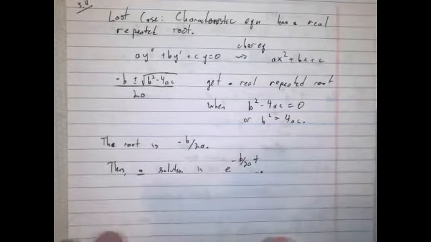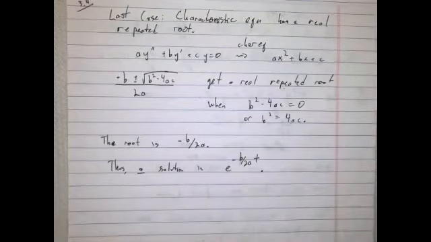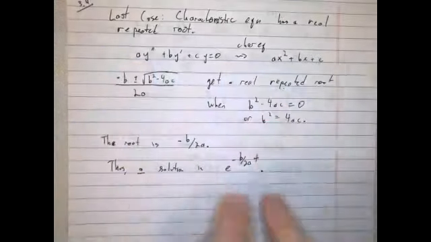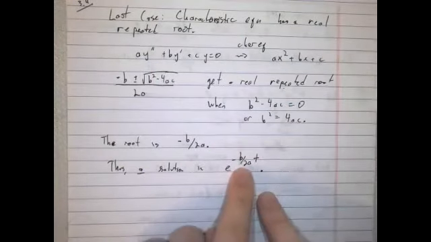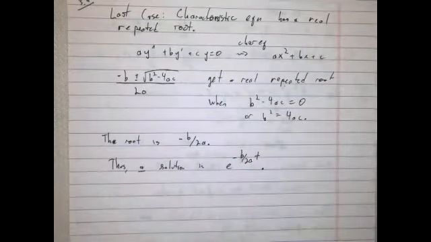This has to be a solution because this is a root. In our very first analysis of this differential equation, we found that whenever we have a root of the polynomial in front of t, when you plug everything in, it'll be 0. So a solution is e to the negative b over 2a times t.